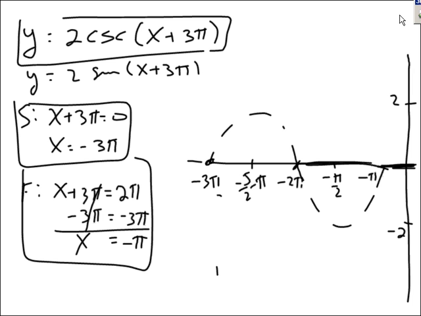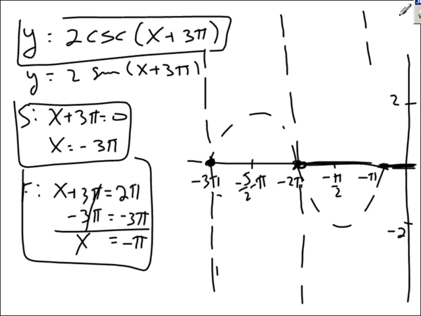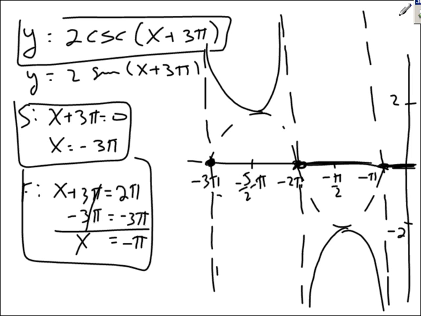Wherever it crosses the middle, here, here, and here, you draw your vertical asymptotes. It goes like this and like that, and like this and like that. There's your graph.